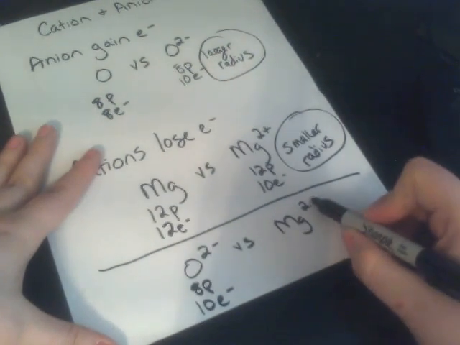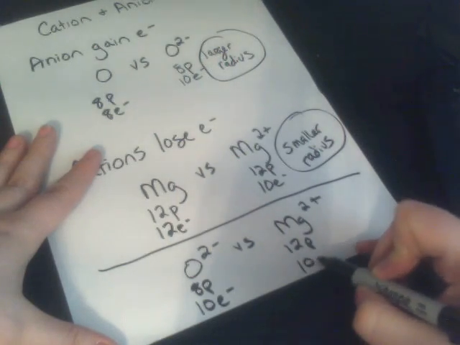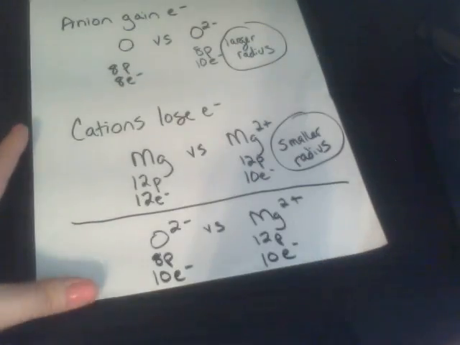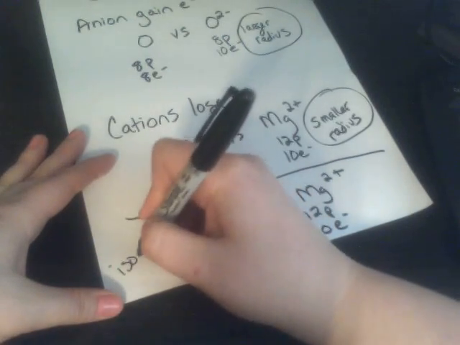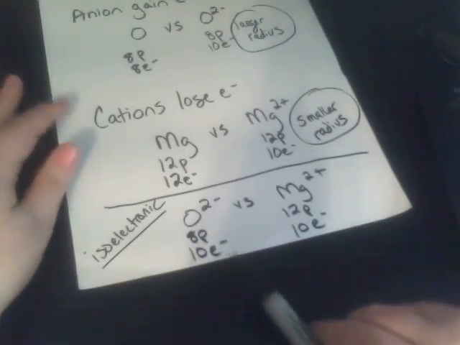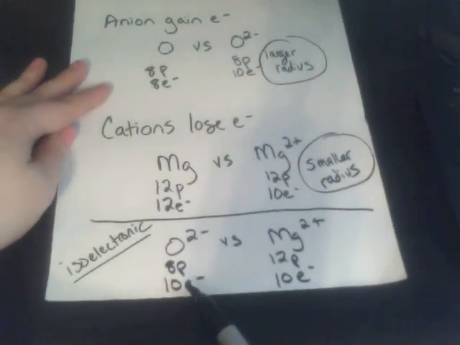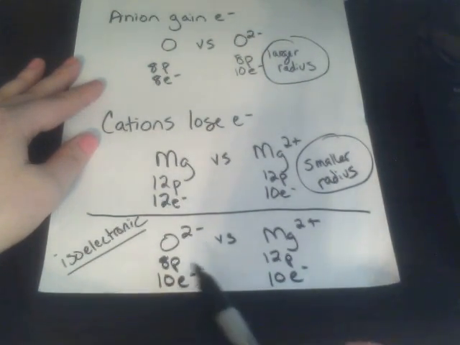Over here for magnesium we have 12 protons pulling on 10 electrons. So these are isoelectronic, like from the other video. So that means that the electrons are the exact same. What's the only difference? Protons.